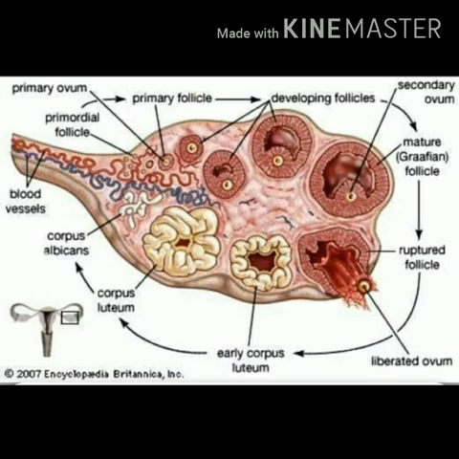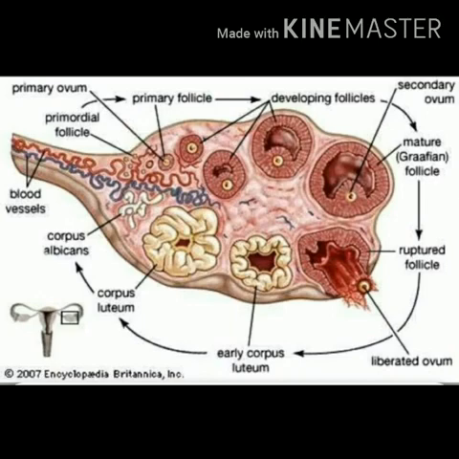Each cord at its end has a round mass of oogonial cells called egg nest, from which the primordial ovarian follicle develops.